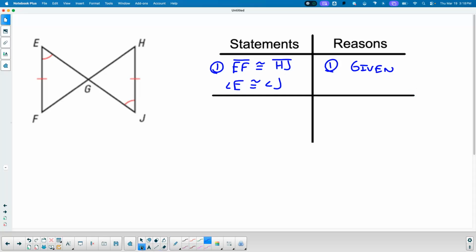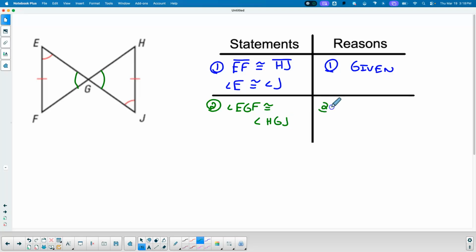Then I can figure out that this angle and this angle are congruent because they're vertical angles. And that helps me because that puts a second angle in my triangle. So let's say then that this would be angle EGF is congruent to angle HGJ.